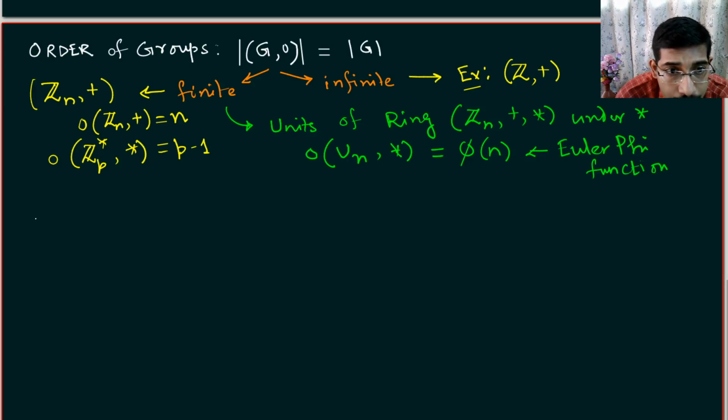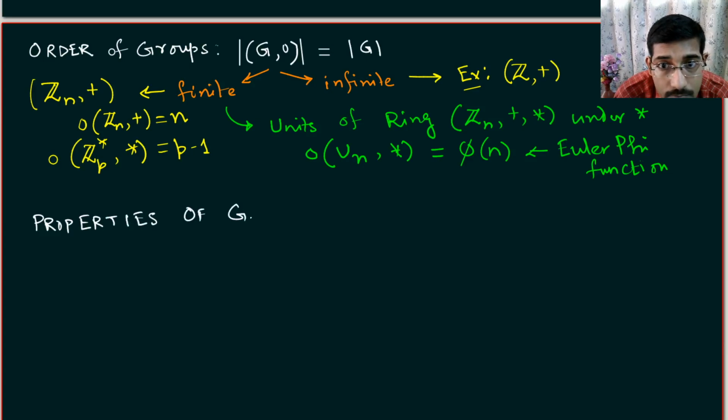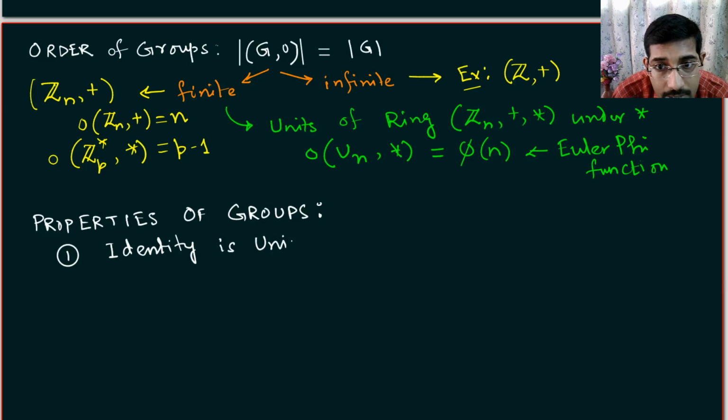So here we come with the properties. Our first fundamental property is that the identity element is unique. How do you prove it?